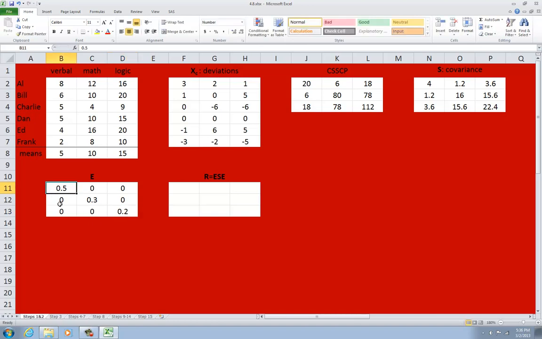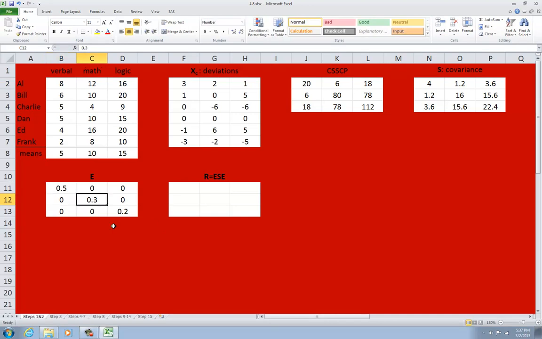Since I said the standardizing matrix E is a diagonal matrix of reciprocals of standard deviations, we know from a covariance matrix that the diagonals are variances. So what we want to do is take the square root of that to get standard deviations, and then take the reciprocal. So 0.5 is actually 1/2.